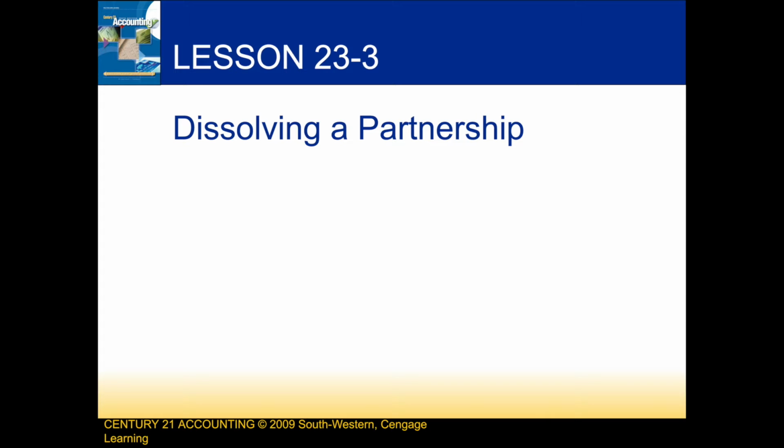After I finish recording, editing, and uploading this video, along with the 23-3 work together, we will be done with chapter 23. And we'll be moving on to our final accounting chapter, which is chapter 24, relatively soon. But anyway, let's jump right into the 23-3 text. So in this lesson, we will be learning about dissolving a partnership.